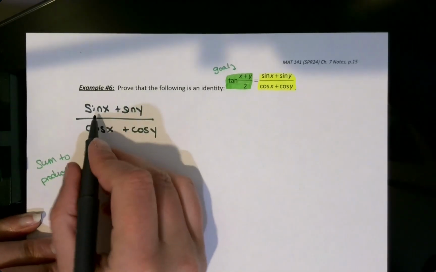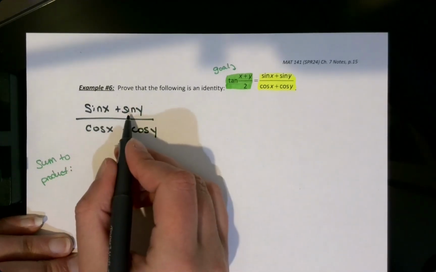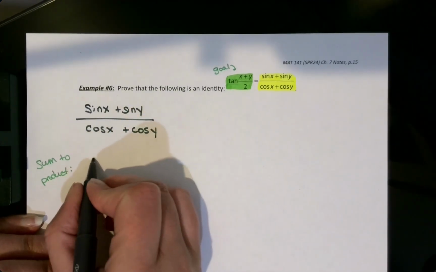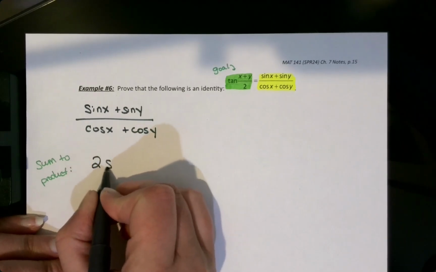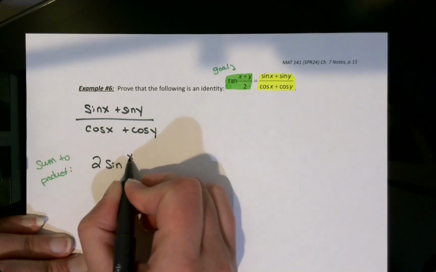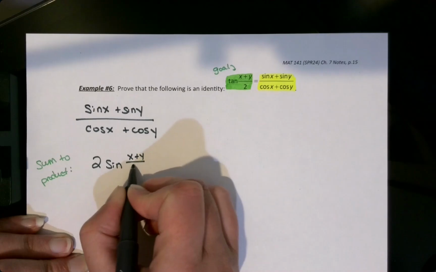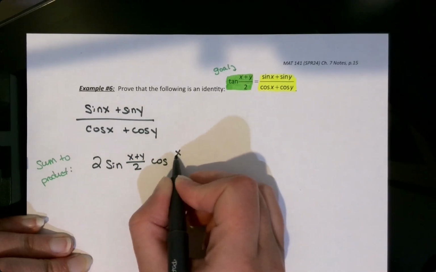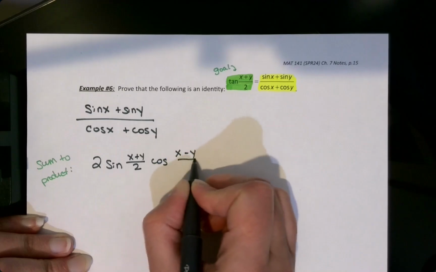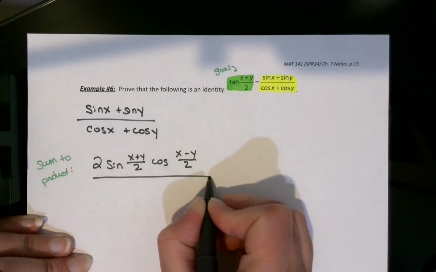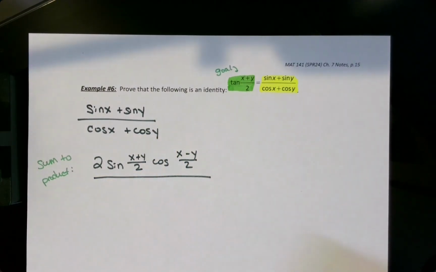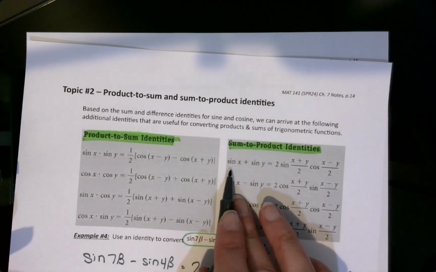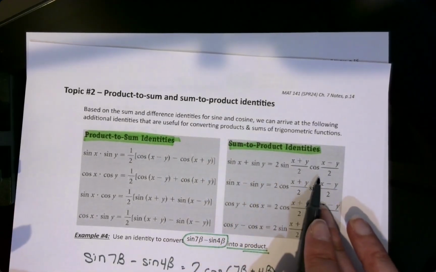So from our previous page, the sine x plus sine of y is going to turn into 2 sine of x plus y over 2 times cosine of x minus y over 2. Again, that is the identity for the sum of the sines.